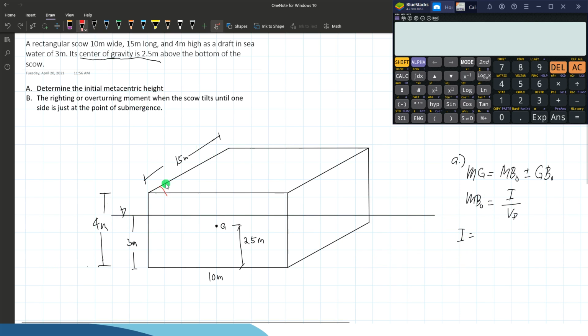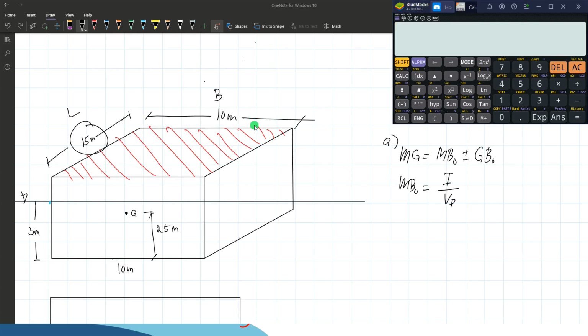The area of concern here is this area, where we consider the axis that will give us the smaller value of moment of inertia. On that axis, the body will overturn, and it is perpendicular to the least dimension of the body, which is the width.